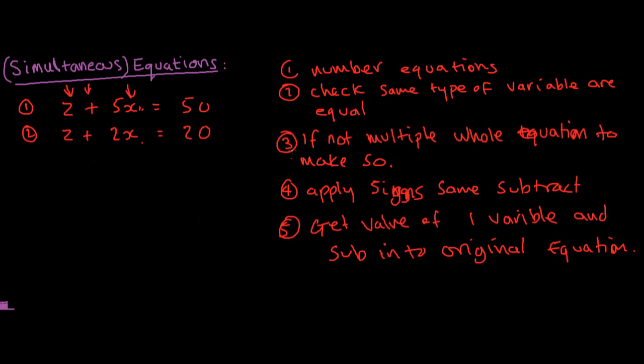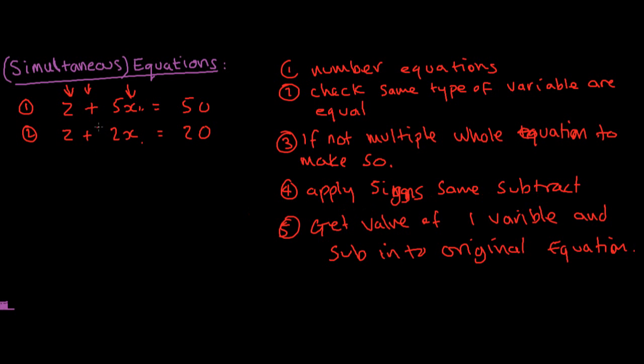Now then, I'm just going to demonstrate that using this. So we've got z plus 5x and so on. Check number equations, we've already done that, 1, 2. Check same type of variable are equal. We've got z, so equal. If not, multiply equation to make so. We don't have to because that doesn't apply to us at the moment. 4, apply signs same subtract.